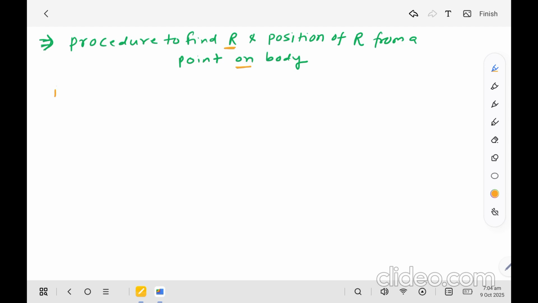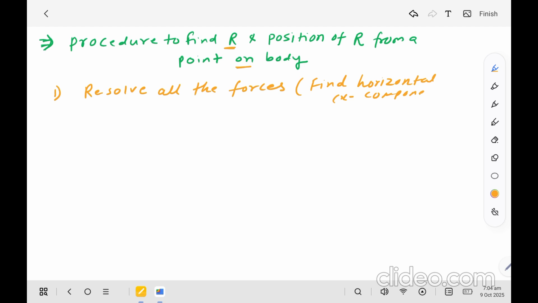So first we'll resolve all the forces, means we need to find the horizontal, means x component, and vertical, means y component of forces.